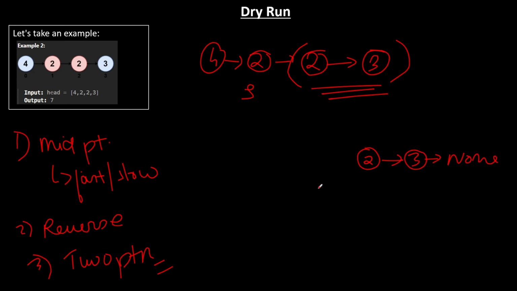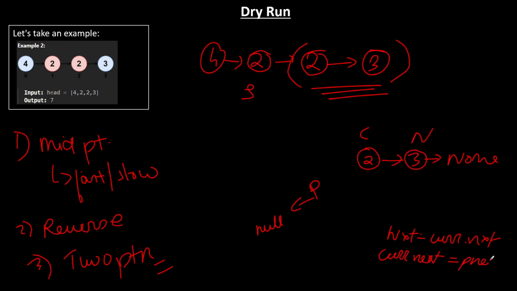So if you remember, we have a previous node pointing to null. Let it be null. We had current here. Fine. So while current is not null, next was standing. Next equals current next, right? If you remember. So next is standing here. Great. Then we had current next pointing to previous.